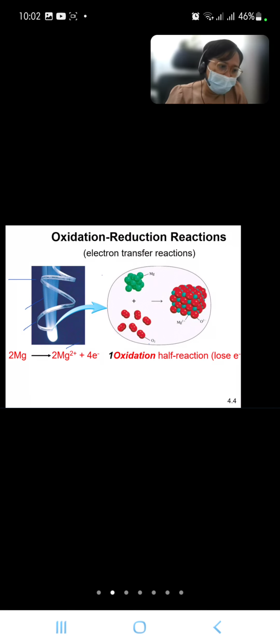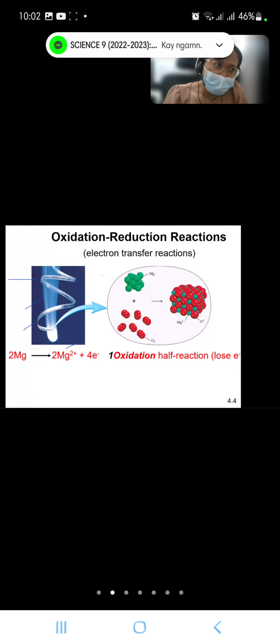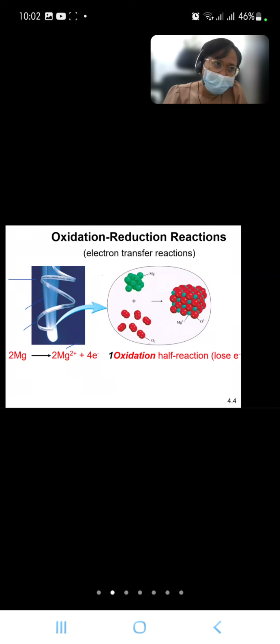The outer shell of magnesium has 2 electrons. In a neutral atom, magnesium has 12 electrons and 12 protons. In its outermost energy level, it has 2 electrons.